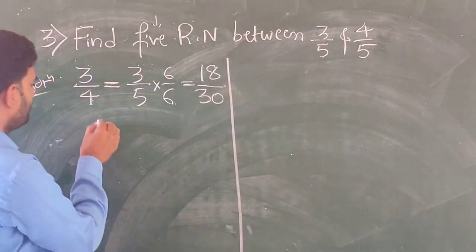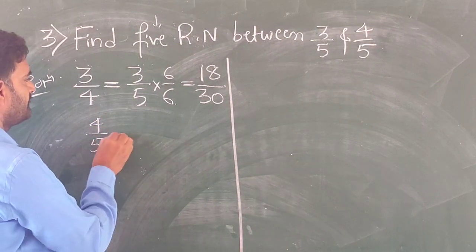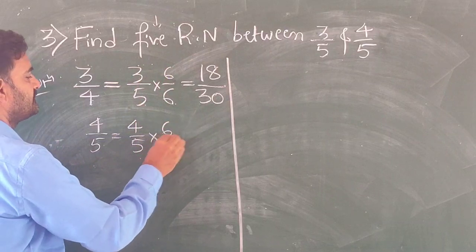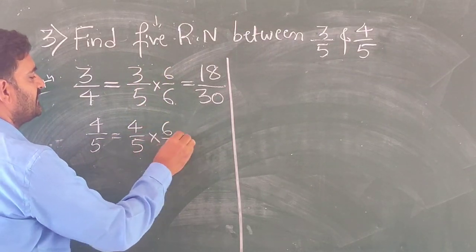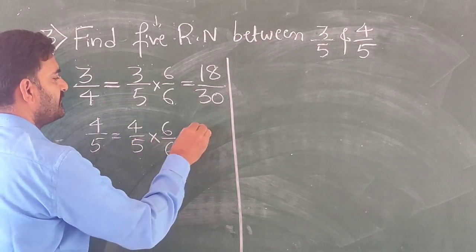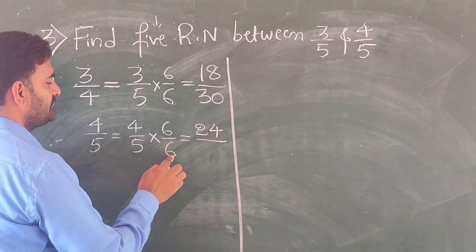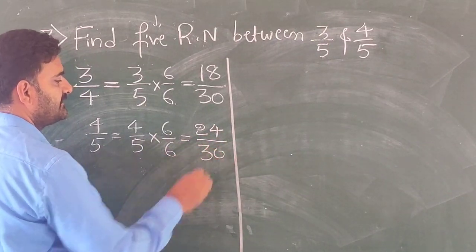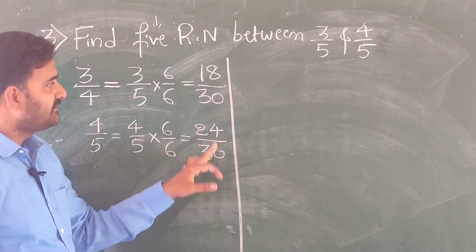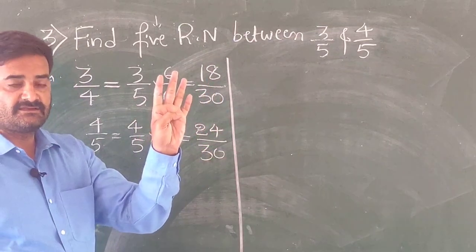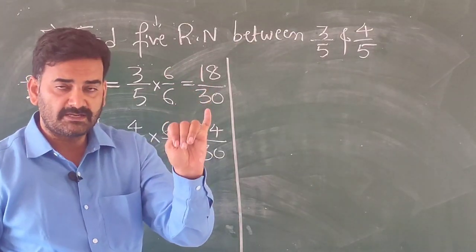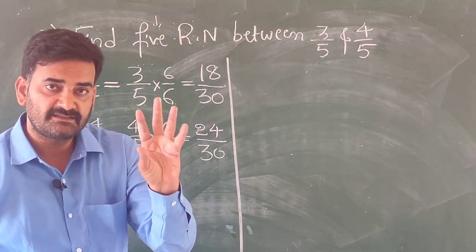Same thing, last number 4 by 5, multiply and divide by 6. 4 sixes are 24, 5 sixes are 30. Now 18 by 30, 24 by 30. After 18, 19 by 30, 20 by 30, 21 by 30, 22 by 30, 23 by 30. How many are there? 5.